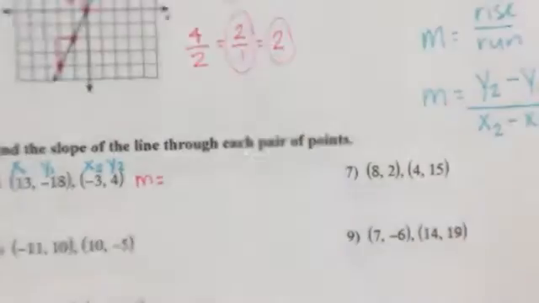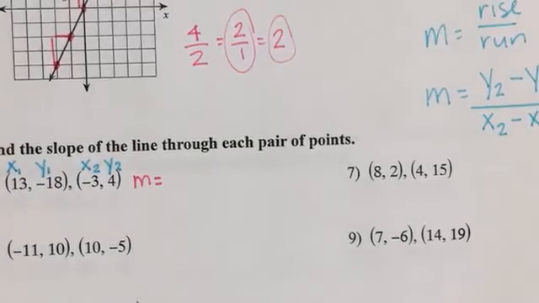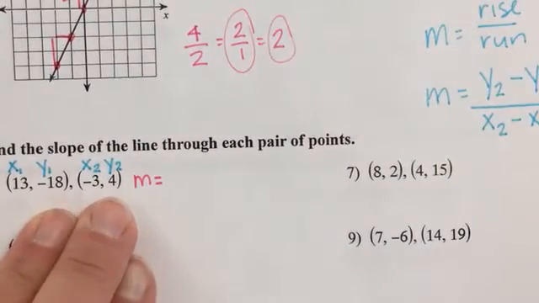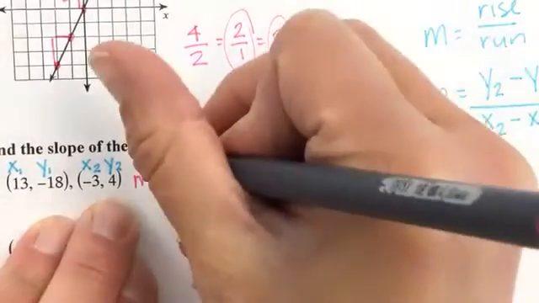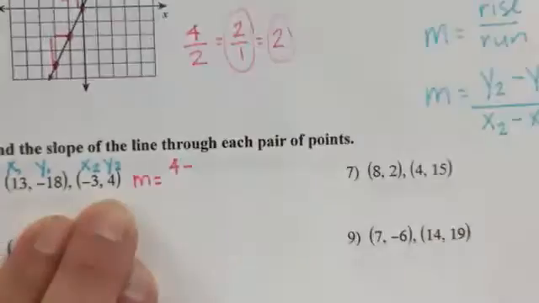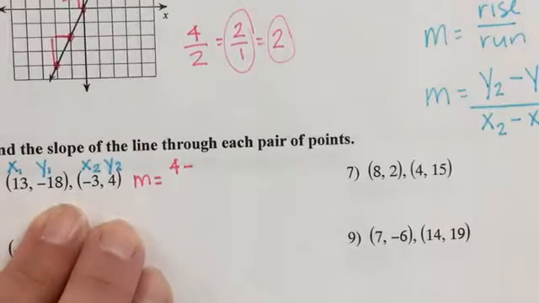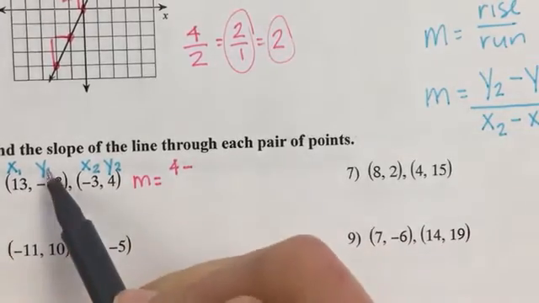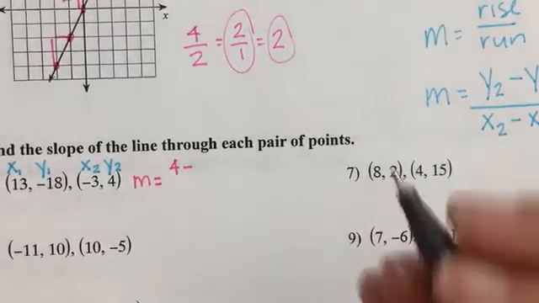Okay. So on the ones that I labeled, what was my y2? 4. Okay, perfect. And Lauren, what was my y1? Well, look at my paper. What is my y1? Negative 18.